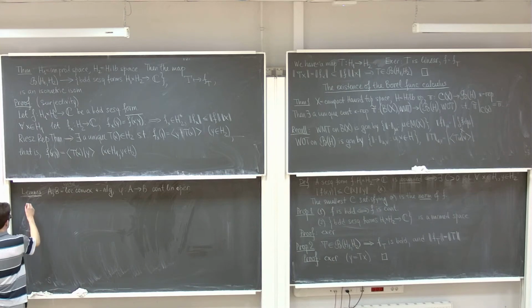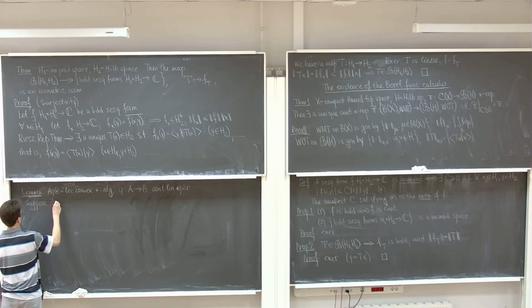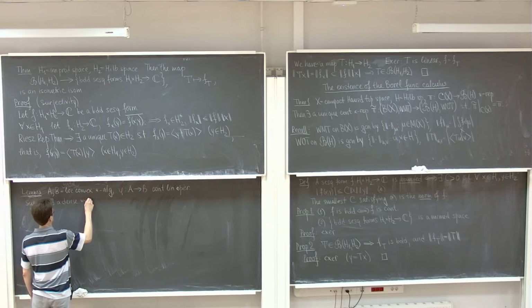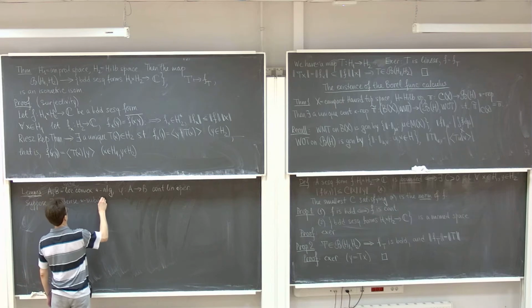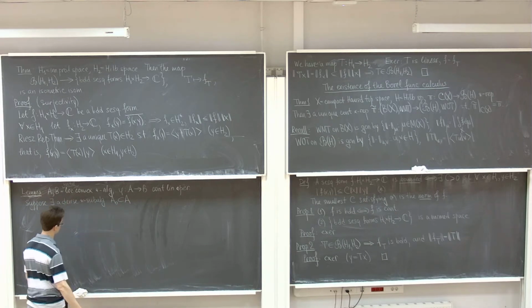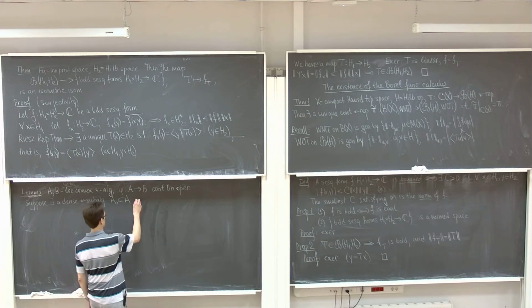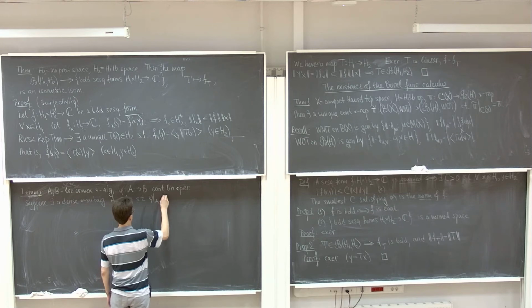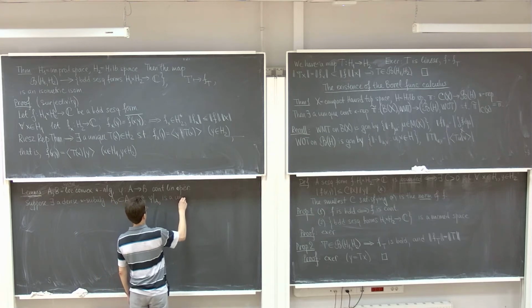And suppose that there exists a dense star subalgebra A0 in A, such that the restriction of phi to A0 is a unital star homomorphism.